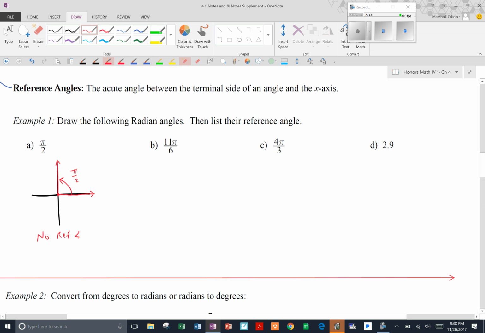One thing to remember about reference angles, I'm going to put this right here. We usually use theta prime to represent a reference angle. They're always positive. They're always acute. They're always back to the x-axis.